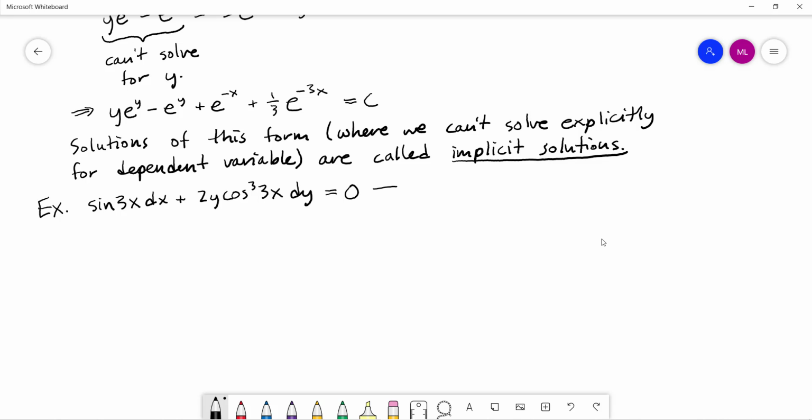So if that makes things easier for you or less scary looking, by all means, this is equivalent to starting off with an equation that looks like this: sine of 3x plus 2y cosine cubed of 3x times dy dx equals 0. So these are equivalent.